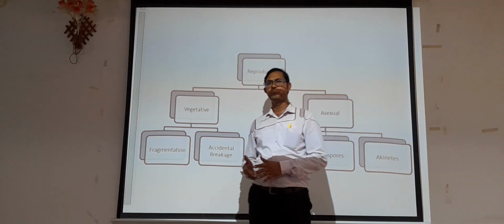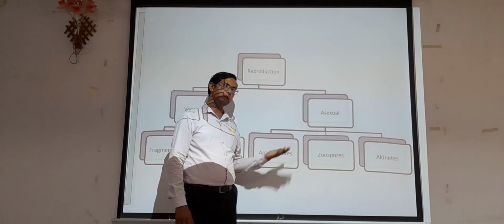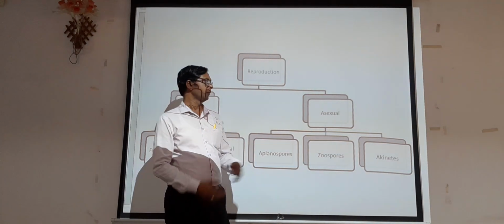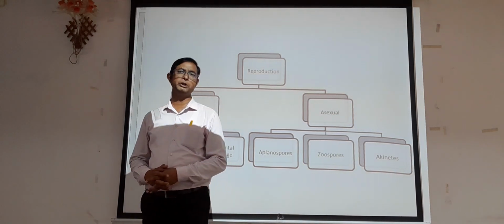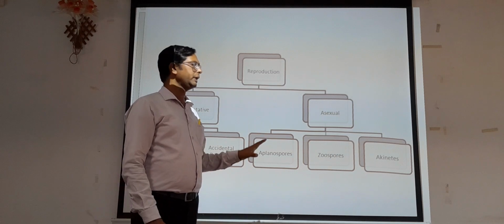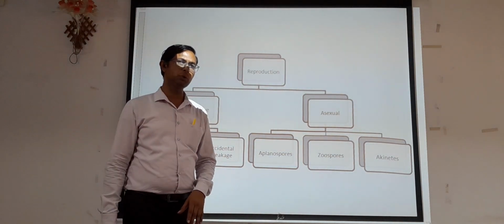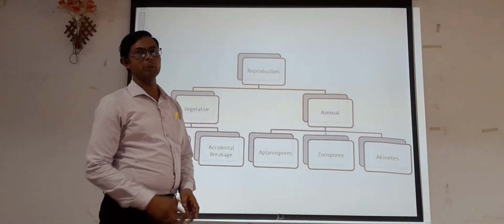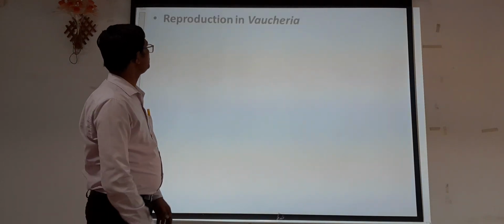These are the spores which, when liberated from the plant body and on getting favorable conditions, germinate and produce the new plant body of Vaucheria. Along with that, a third type of reproduction is also observed, that is sexual reproduction.